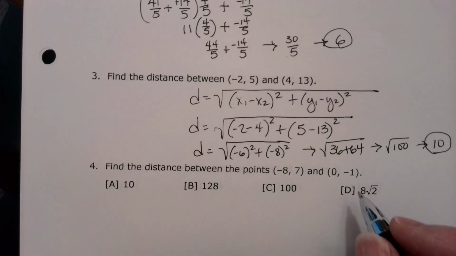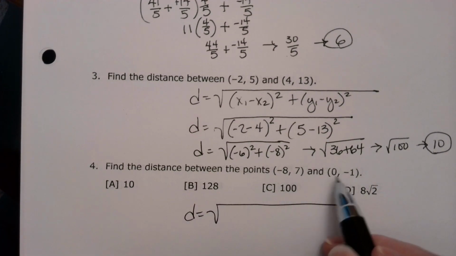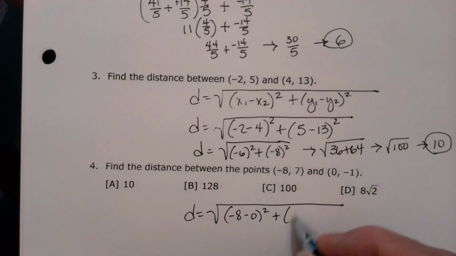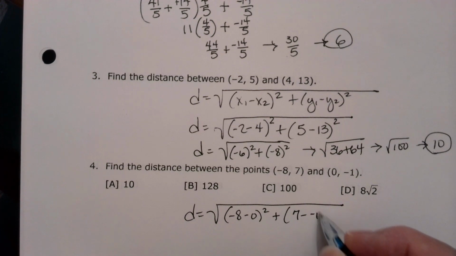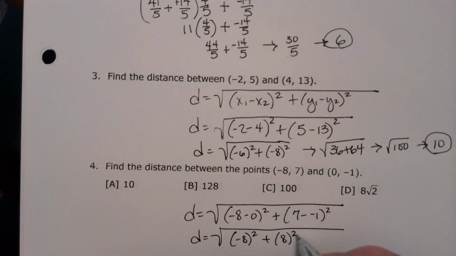Okay, so you should have tried that by now. The distance is going to be the first x minus the second x squared, plus the first y minus the second y squared. Watch those signs right there. So this is going to be -8 squared, and this is going to be 8 squared.